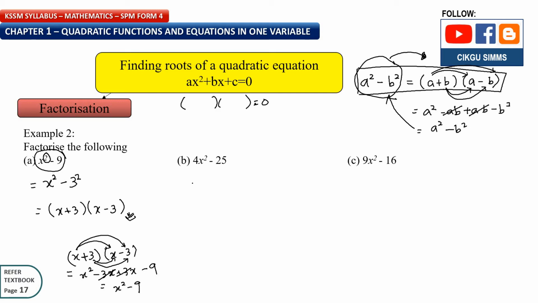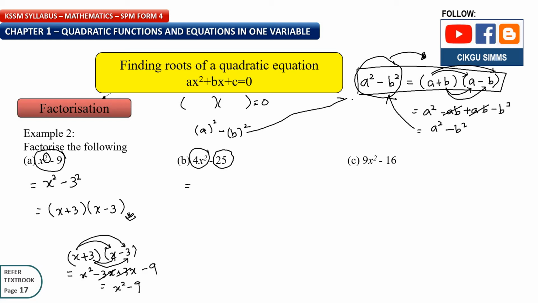Let's see the second factorization. This thing, we need to make it something squared, and the second thing, you also need to make it something squared, and then minus. So the first you make a, the second is b, so a squared minus b squared.